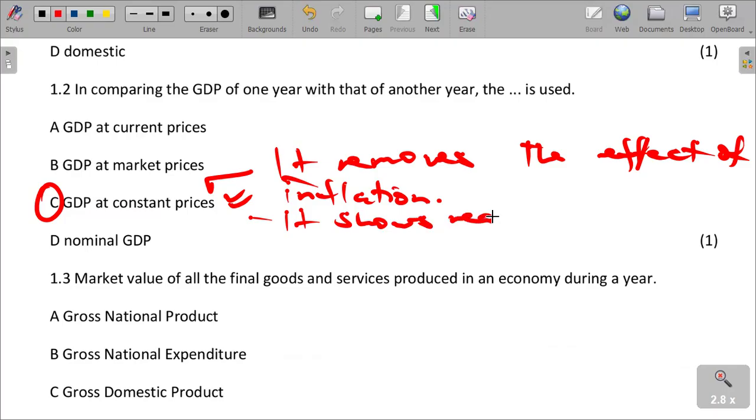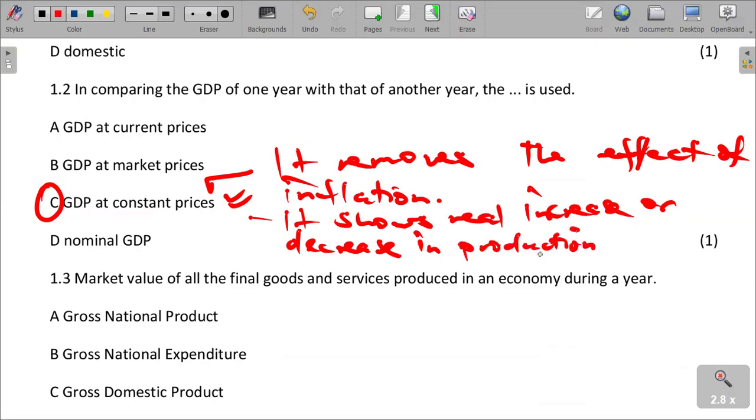Therefore it is accurate to compare different years.